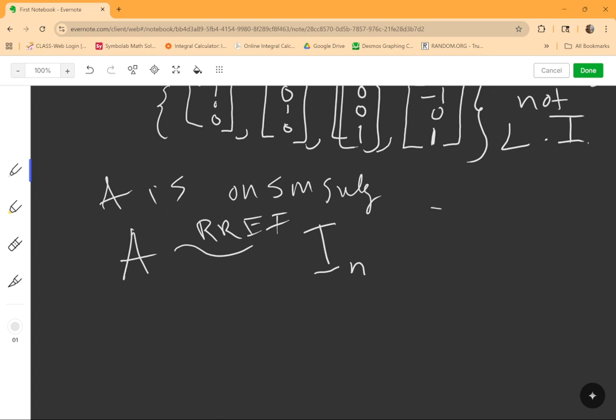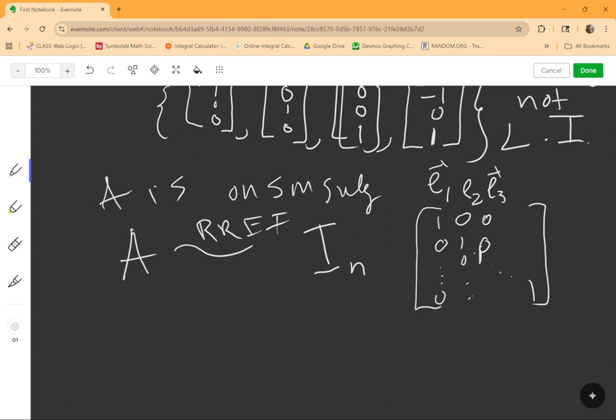If that's the case, each one of these is a standard basis vector. So then we know it is in fact a basis.